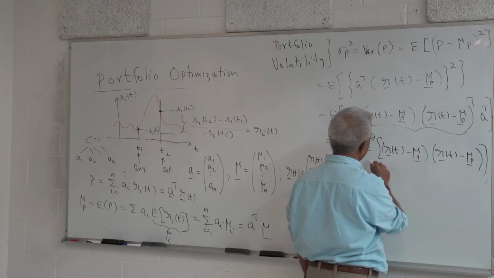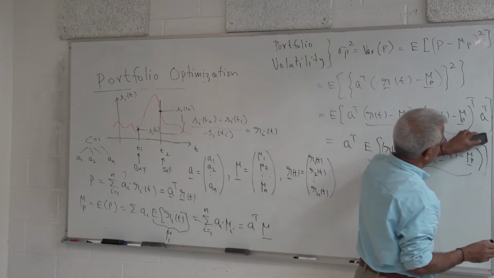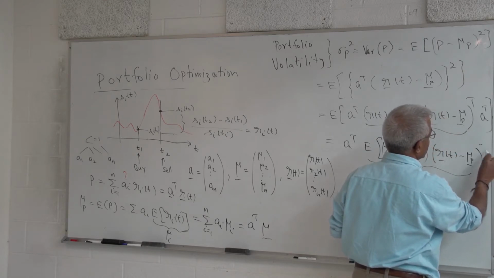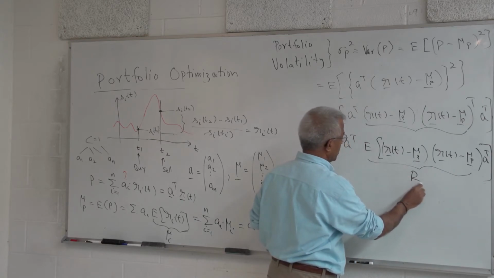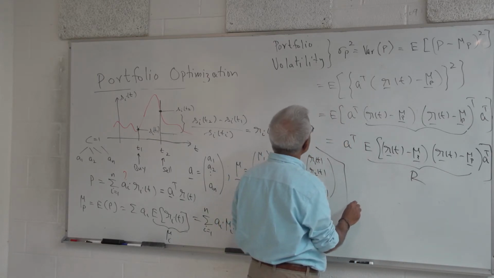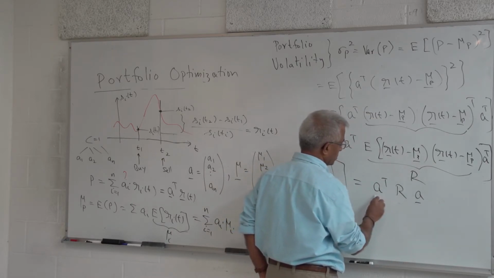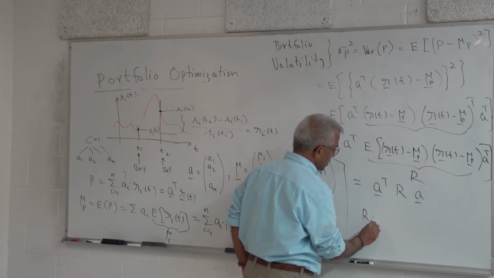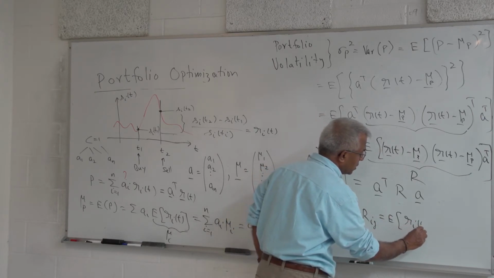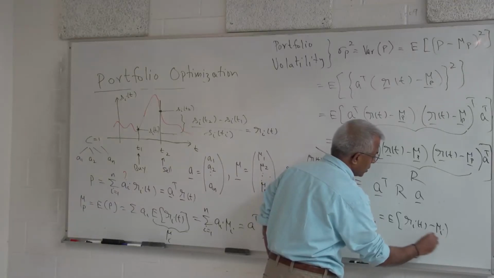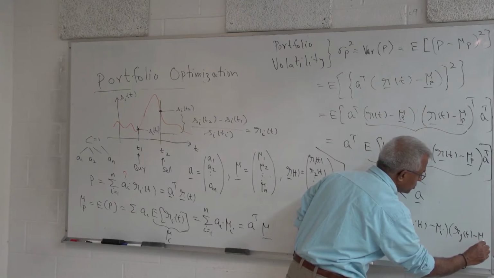And this is a matrix, capital R, multiplied by A transpose here. So this is capital R. We get the expression that this is equal to A transpose RA, where Rij, as we had before, is the expected value of Rit minus mu I multiplied by Rjt minus mu j.